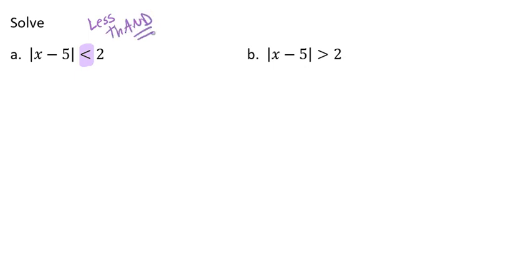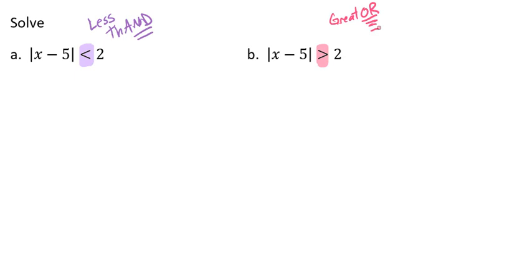Now I know that there's not a D in the word less than, but a less than tells us that this is going to be an "and" compound inequality when we're solving it. Whereas over here on example B, we have a greater than sign, right? A "great-or" than sign. And so when we have a greater than symbol, that's going to tell us that we're going to be solving an "or" compound inequality. And that's going to help us out a little bit.